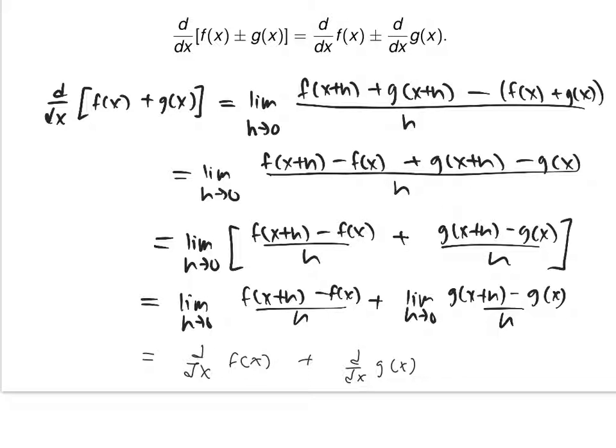Minus is the same. Minus is like adding a negative, so whatever. But the technical way you prove it is you start with the definition, you manipulate a little bit, you say, okay, what pops out is a derivative plus a derivative. The rules for products and quotients are not nearly as easy. So just FYI, be aware that if you see a product or a quotient, you shouldn't know how to do anything with it yet.